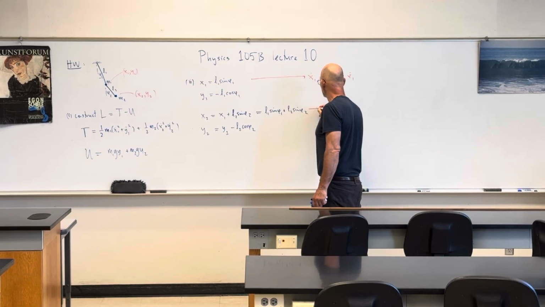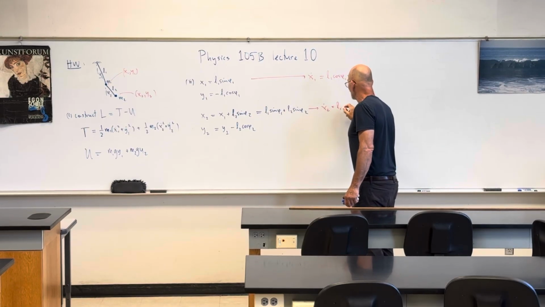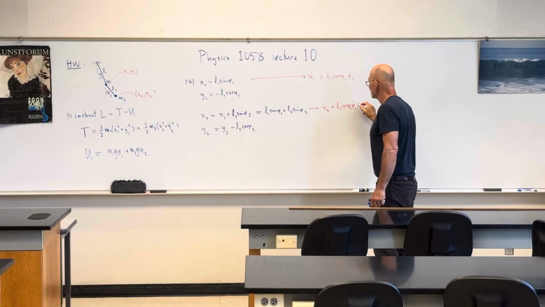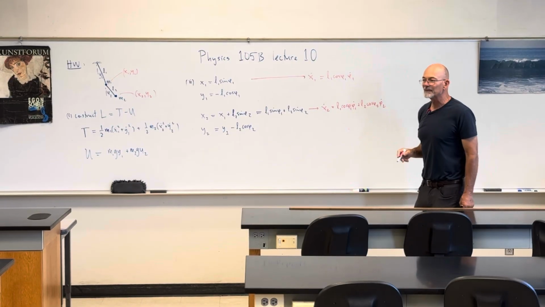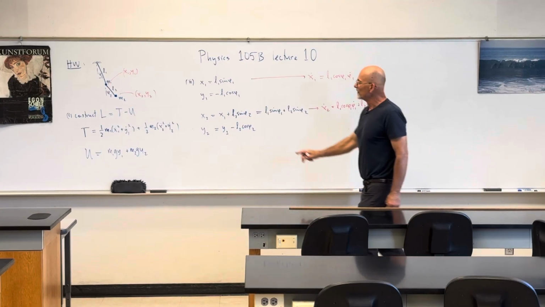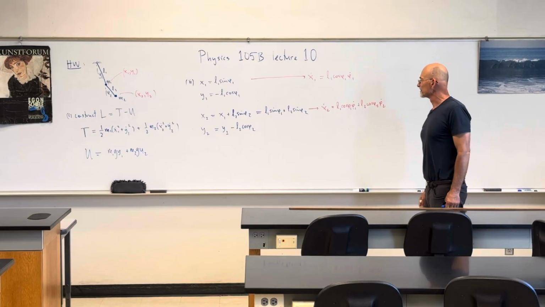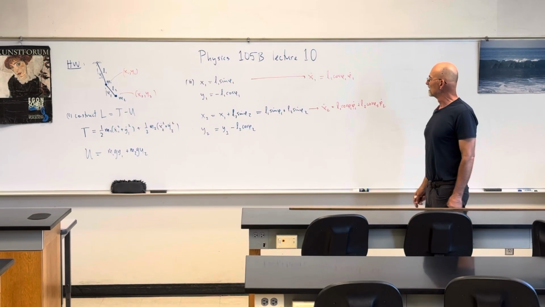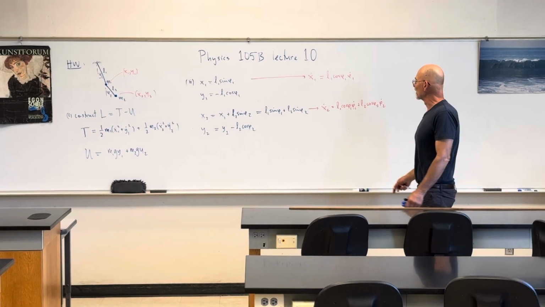And x2 dot is equal to L1 cos phi1 phi1 dot, which is what we have right there, plus L2 cos phi2 phi2 dot. So you have to systematically go through these things, square them and sum them, and it's going to be pretty complicated looking. But be aware, this is still the simplest form of this problem. That's the way it goes.